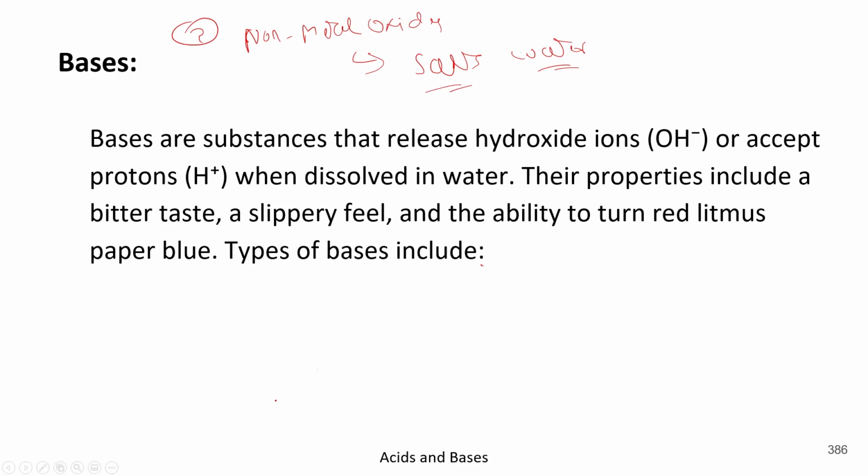And how can I say that? Because remember one thing: I want to share with you that metal oxides are basic and non-metal oxides are acidic.